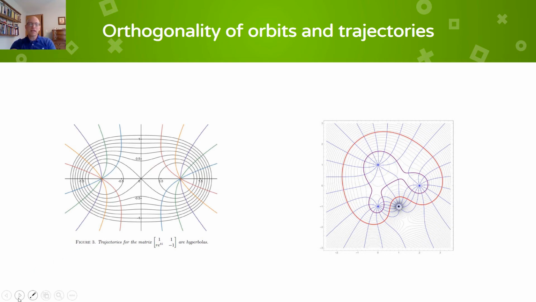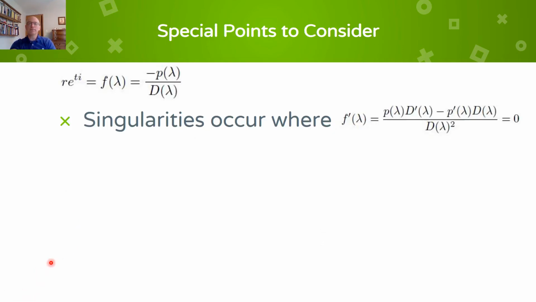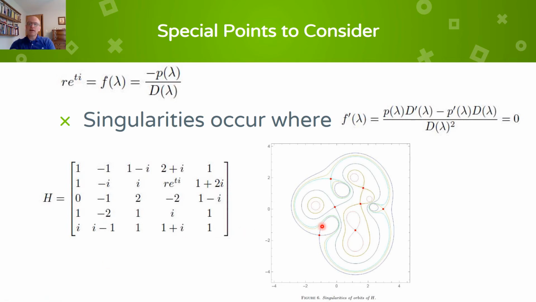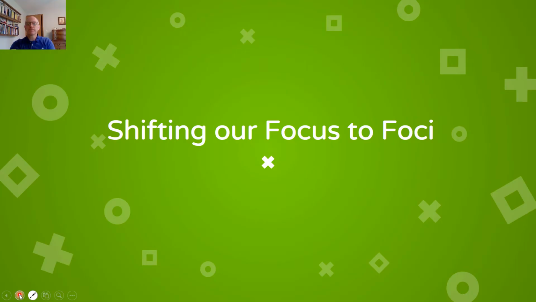Eigenvalue orbits and eigenvalue trajectories are orthogonal. So I mentioned that we want to find singularities. We're going to take the derivative of this function and set it equal to 0, and we can find values of r that will give us singularities. In this 5 by 5 example, I've highlighted the orbits and the places where we have singularities for certain orbits.